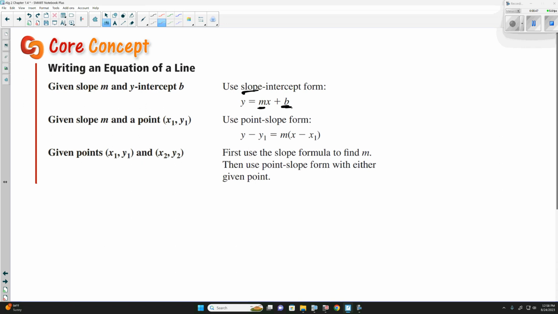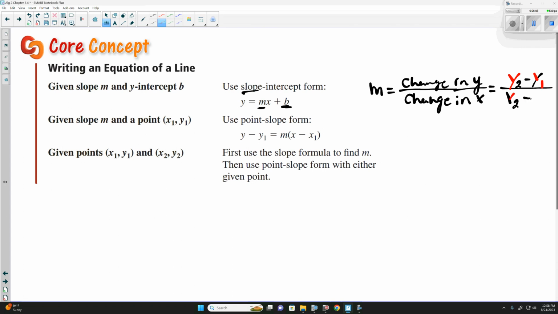Now the slope formula, m, is our change in y over change in x. Or a better way we know it is y2 minus y1 over x2 minus x1 is our slope formula.